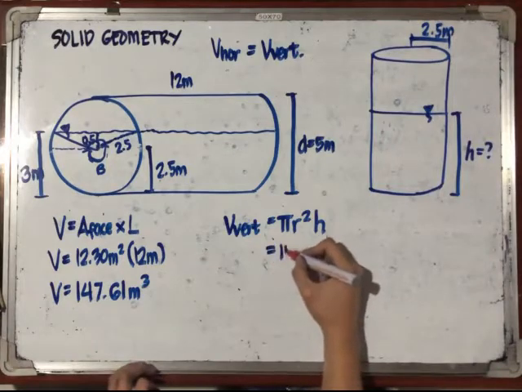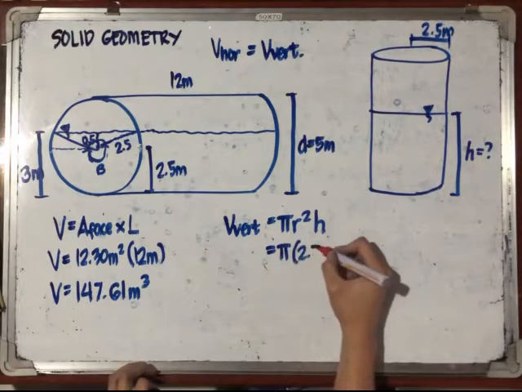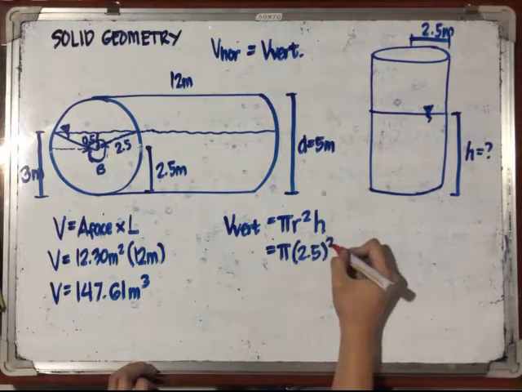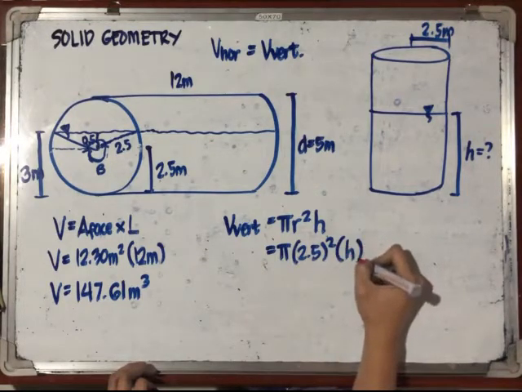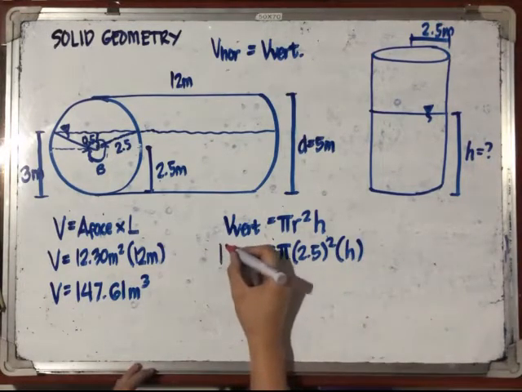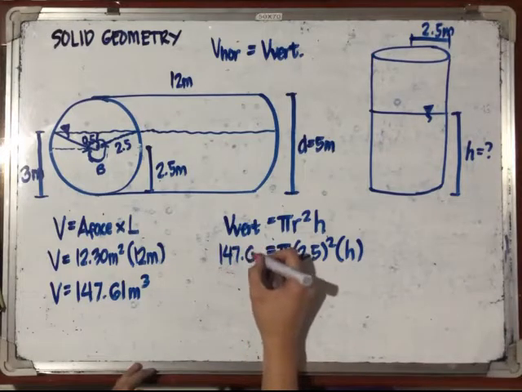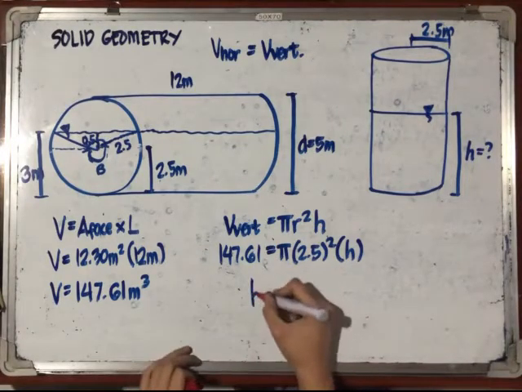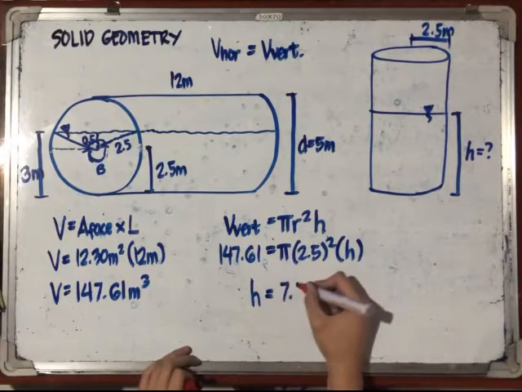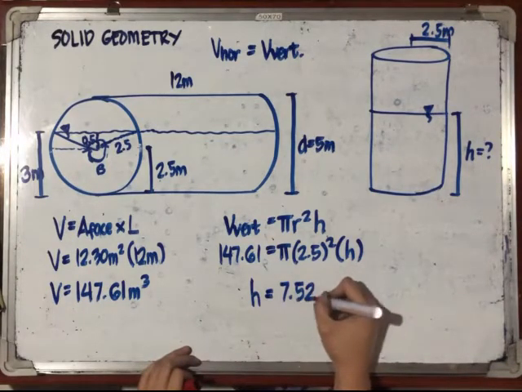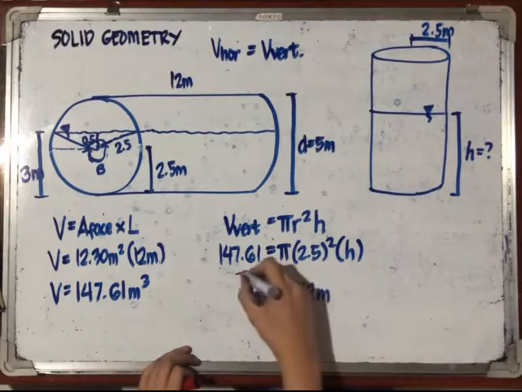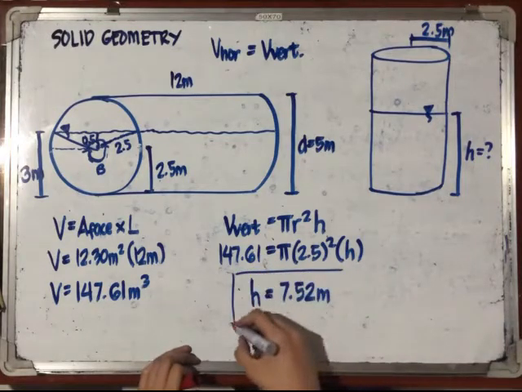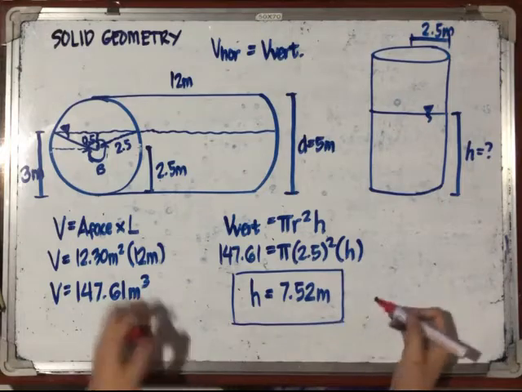So, this would be pi times 2.5 squared times height, which is unknown. That's the height when it is upright, and that should be equal to 147.61. Computing that would give us a height of 7.52 meters. So when upright, this would be the height of water to satisfy this condition.